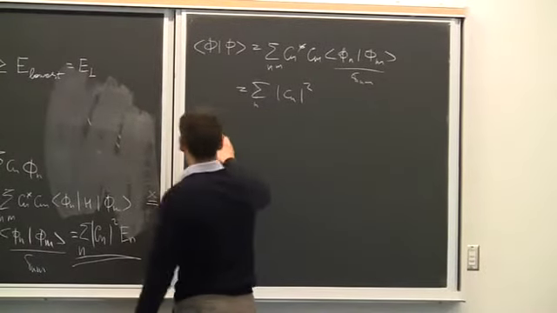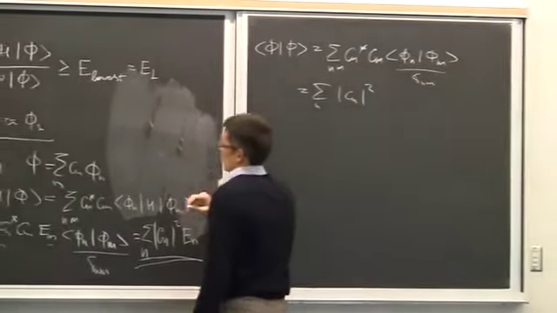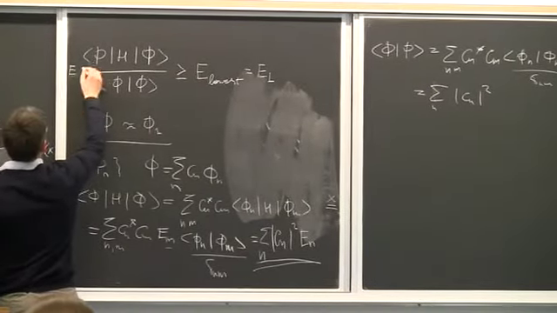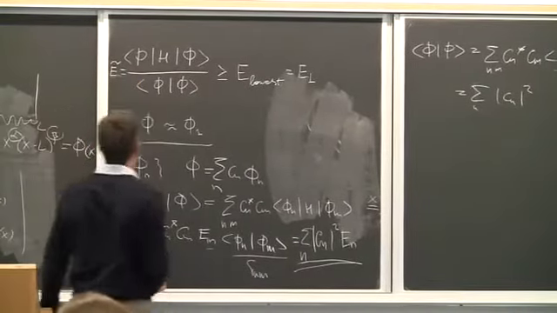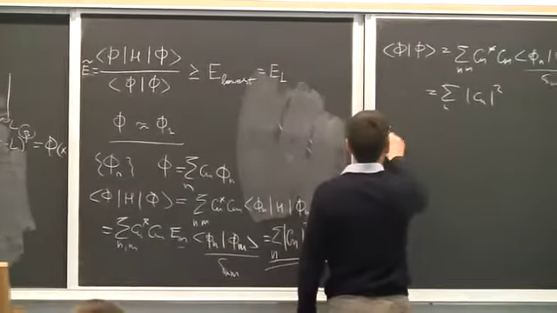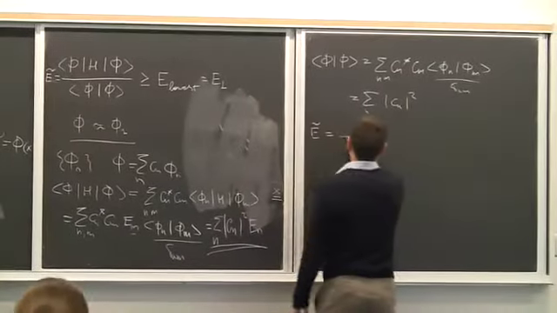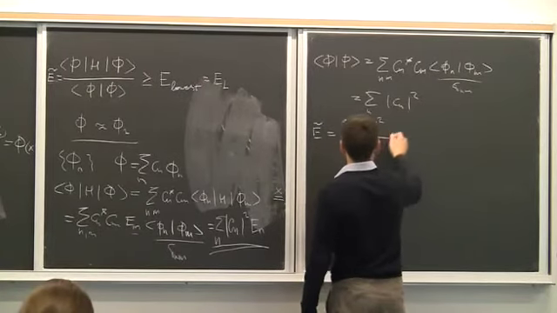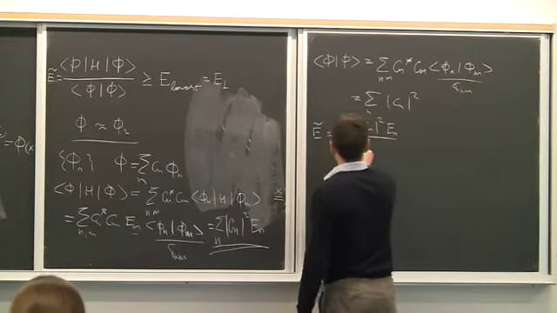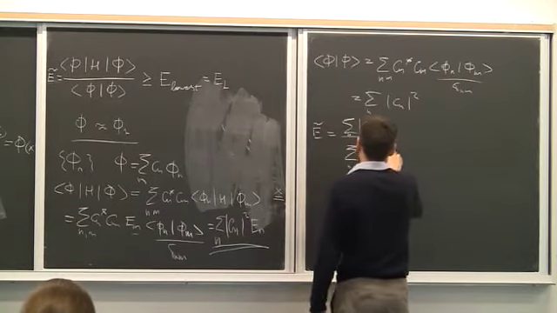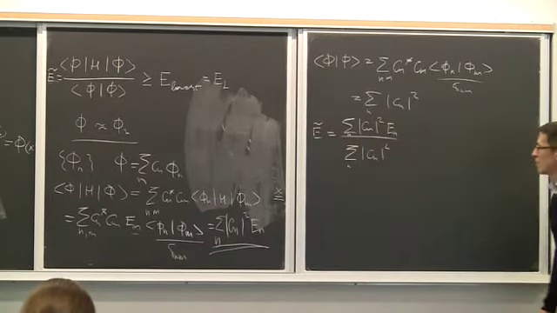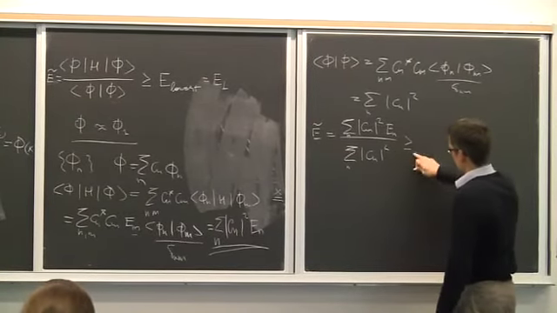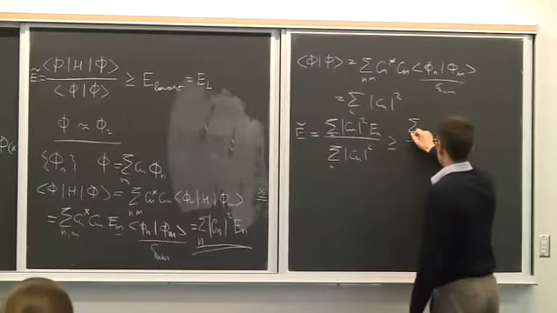Now I can write down, for brevity, let's say this is my E tilde. So E tilde will be equal to the ratio between the sum of |c_n| squared E_n and the sum of |c_n| squared. And now I claim that this is always larger than or equal to the following ratio.